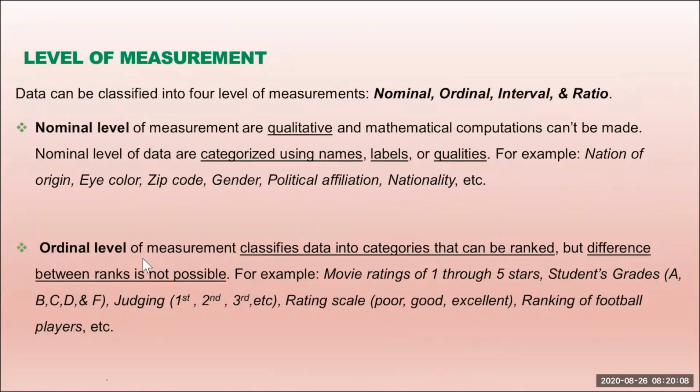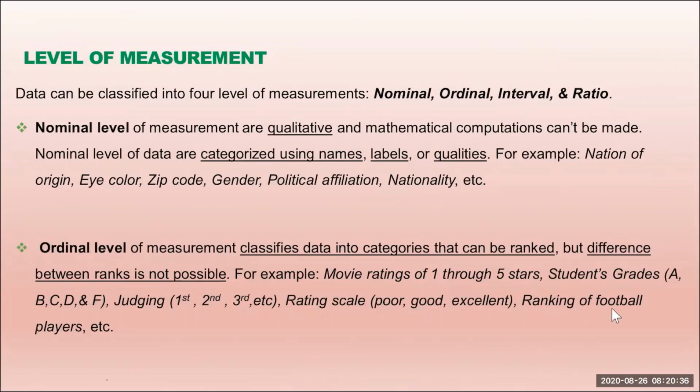Next one is ordinal. When we say ordinal level of measurement, ordinal level of measurement classifies data into categories that can be ranked. Now, you may see numbers, but the numbers are used here as rank, and the difference is not possible to measure. For example, if you see movie rating from 1 through 5, now see, I'm talking about the rating or rank, that is ordinal level of measurement.